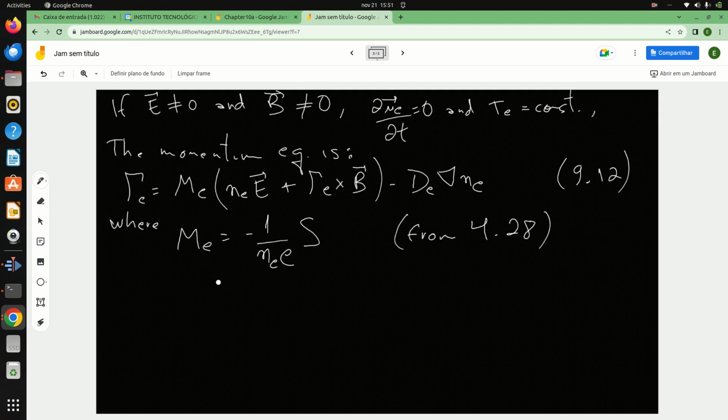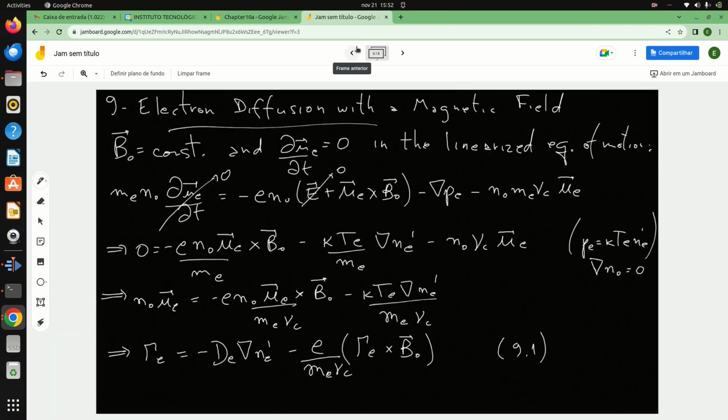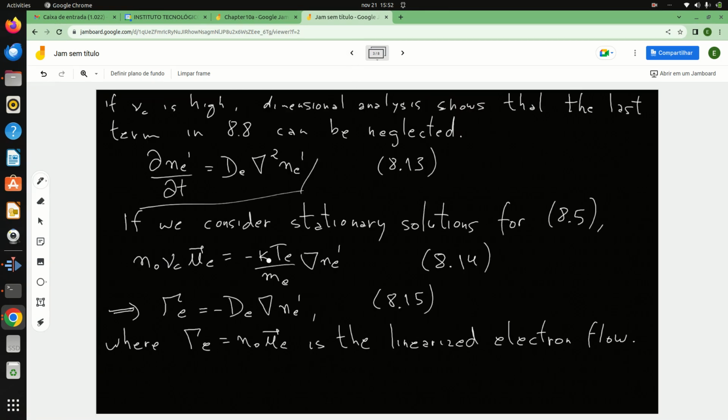Now, in the next section, we're going to talk about a very important phenomenon, which is bipolar diffusion. In bipolar diffusion, let's start with equation 8.15.